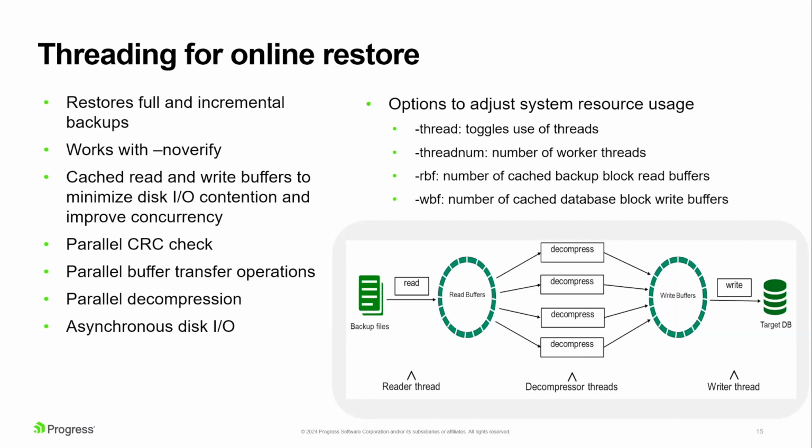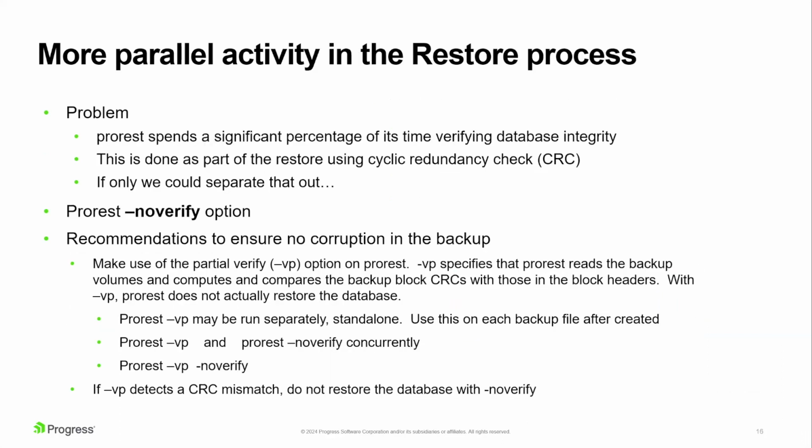So this has introduced threading into both the backup and the restore operations for online. But the restore process in general actually can have more to it, and we're looking for how do we put more parallel activity in that.